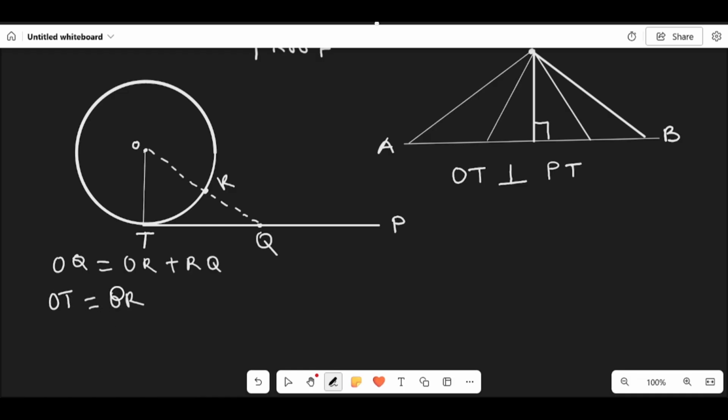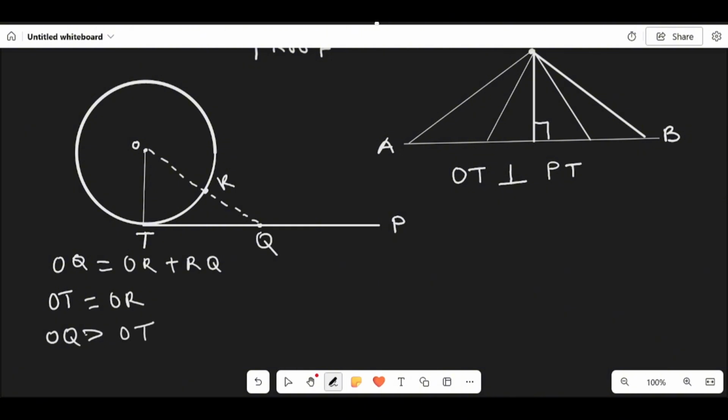Since OR equals OT, we can say that OQ is greater than OT. OQ is greater than OT.